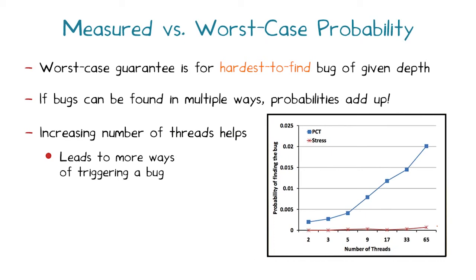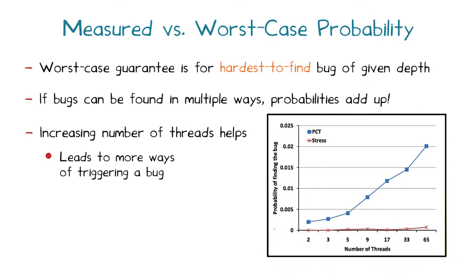On the other hand, for any given number of threads, Cuzz has a higher probability of detecting the bug. And it is also deterministic when given the same random seed, which helps with debugging and bug fixing efforts once the bug is detected. Furthermore, as the number of threads increases, the probability with which Cuzz finds the bug also increases. Finally, for any given number of threads, this measured probability is much better than the worst case probability.